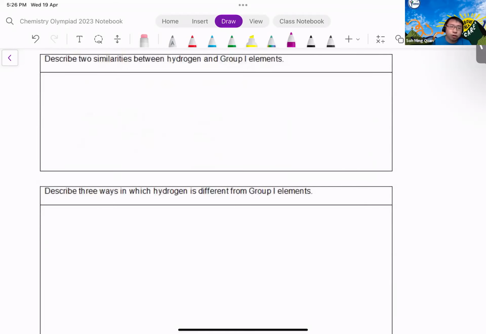Where should hydrogen be placed? Of course, there are merits and disadvantages with each placement. In some ways, hydrogen is rather similar to group 1. However, there are many ways in which hydrogen is different from group 1. So I would like you to think about it. How is hydrogen similar to group 1, but how is hydrogen also different from group 1?